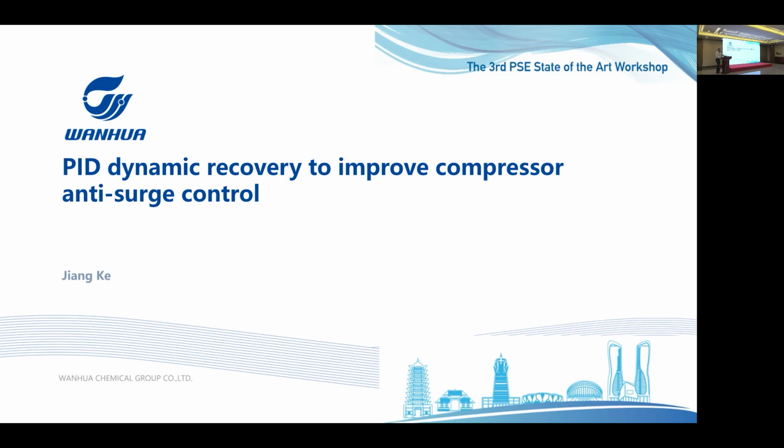When we have an upset from the stream, there are two kinds of case. If it's a sharp, big upset, we demand the controller have a quick dynamic to quickly open the blow-off vent valve.